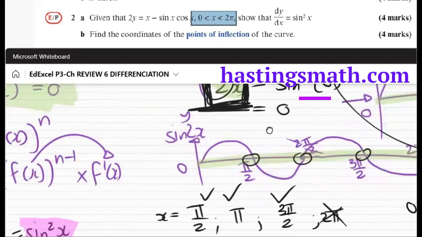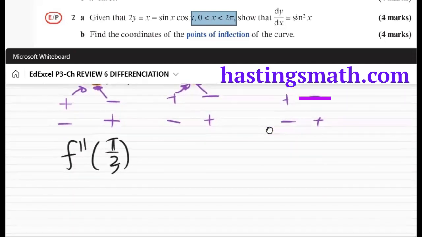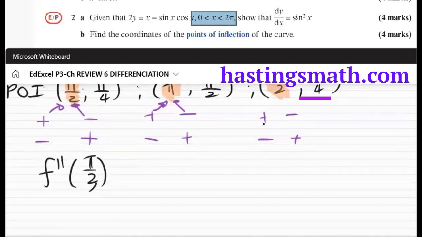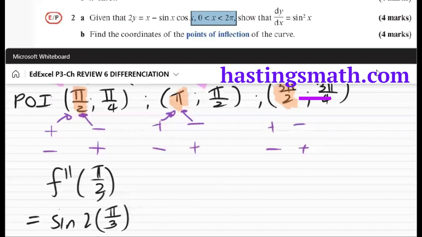Okay, so it's sine 2x. So basically on your calculator, you just go sine 2 pi over 3, and you see what that comes up with. So the answer is 0.36 something, but the only thing that you need to be concerned with is that it's positive.